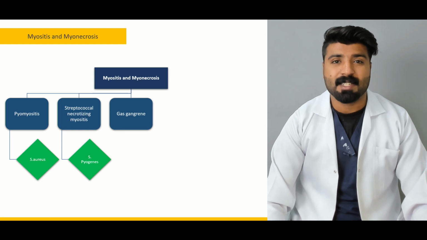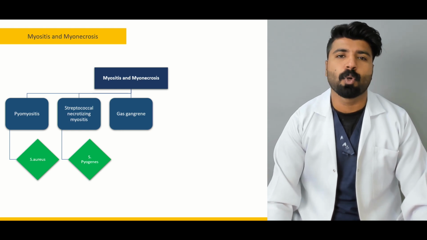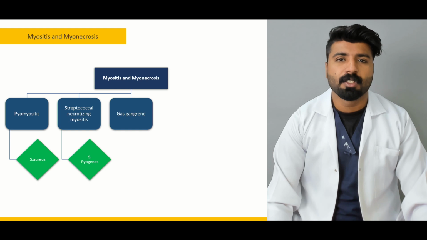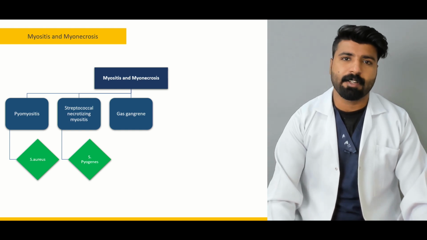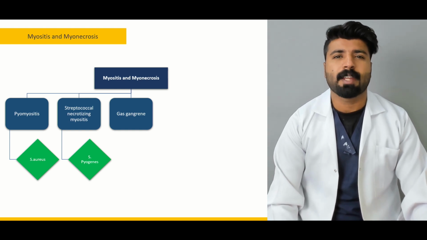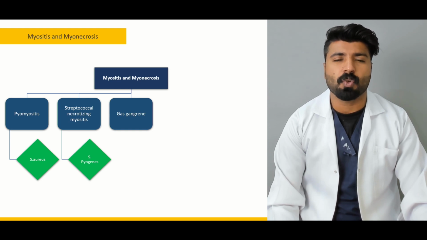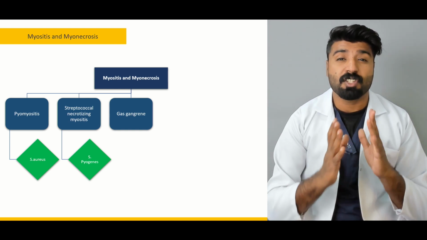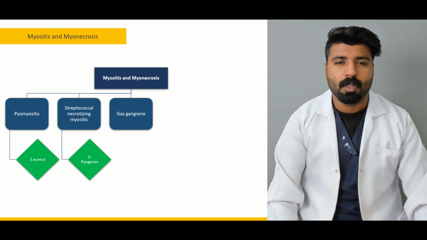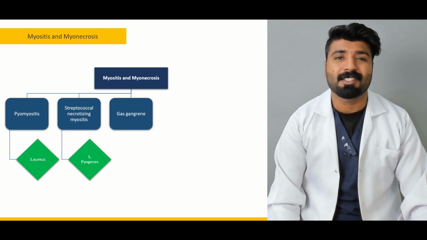Next on, we have gas gangrene. Now, I told you we'll talk about gas gangrene in detail. So I'm going to tell you a background of gas gangrene in this slide. So what a gangrene is. Before we go on to gas gangrene, we have to know what a gangrene is. Gangrene is actually necrosis of tissue or destruction of normal tissue because of impeded blood supply.